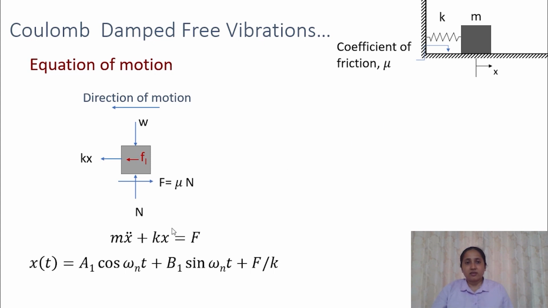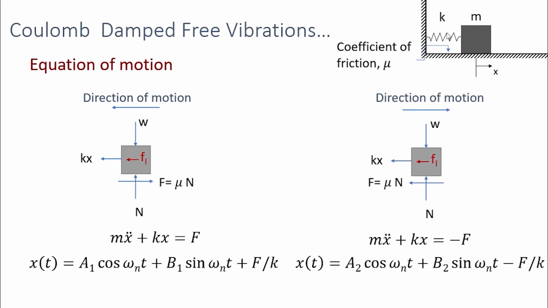Now let's see how the equation of motion will look when the mass is moving in the opposite direction, that is towards the right. The spring and inertia force will still be acting in the same direction, but when the mass is moving in this direction, the frictional force will be acting in the opposite direction.